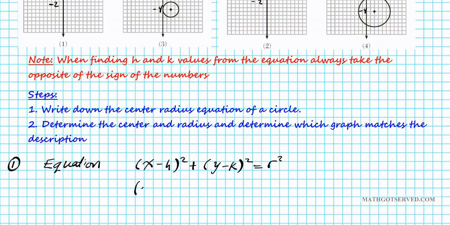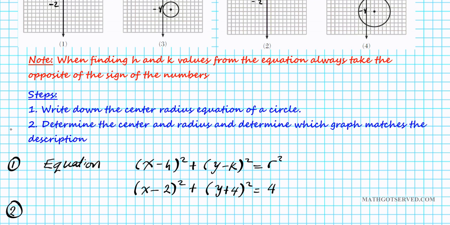So the equation we have is (x minus 2) squared plus (y plus 4) squared equals 4. Now we're done with step 1. Step 2 is to determine what the center and radius are.